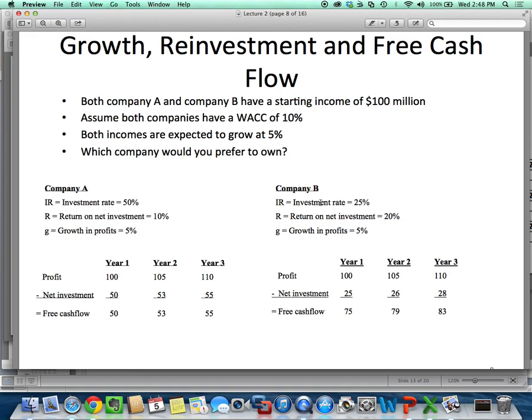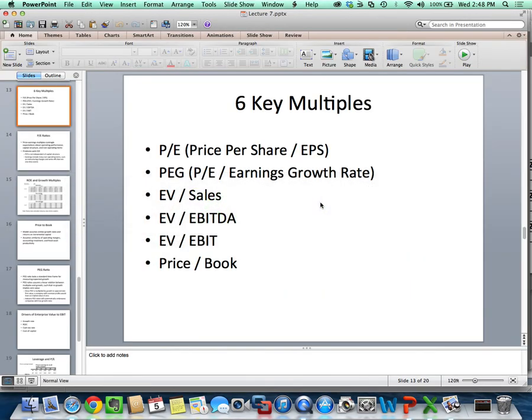Ratios number 3, 4, and 5. These are the enterprise value ratios. The professionals prefer the enterprise value ratios over the PE ratios. The reason why is that PE is based on net income, and net income is based on the entire income statement. The enterprise value ratios are not based on the entire income statement.